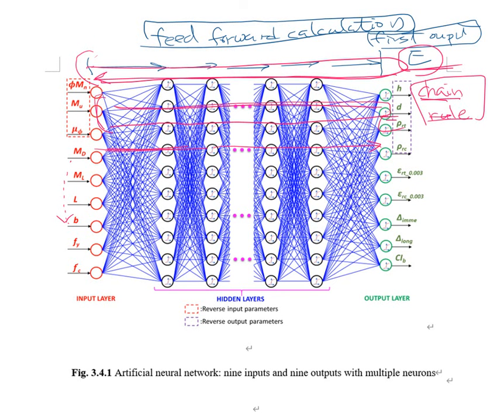To my experience, based on reinforced concrete design, you may repeat 20,000, 30,000, 40,000 epochs. It is a very lengthy process, and each iteration is called an epoch.